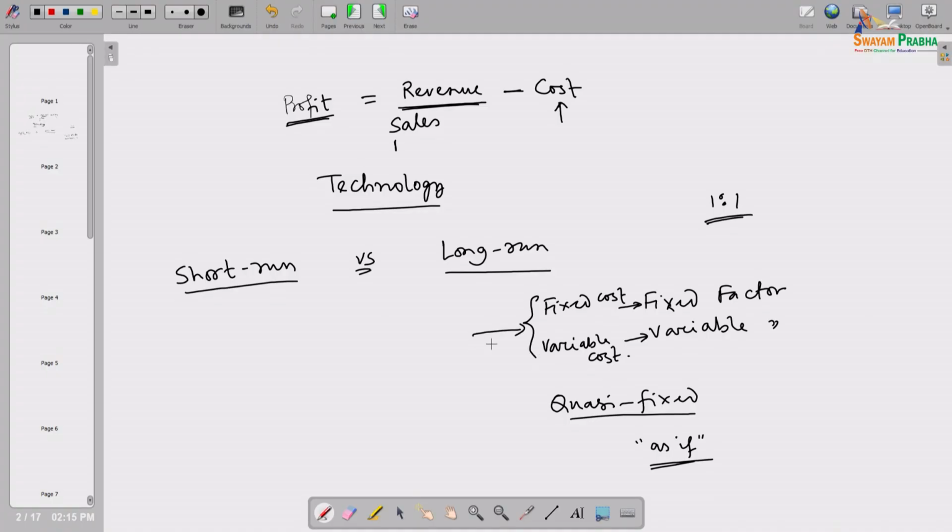When we are discussing fixed factors and variable factors, you understand that the cost for the fixed factor is always there irrespective of how much production I am producing. Even if I do not produce anything, I have to incur that cost in the short run.